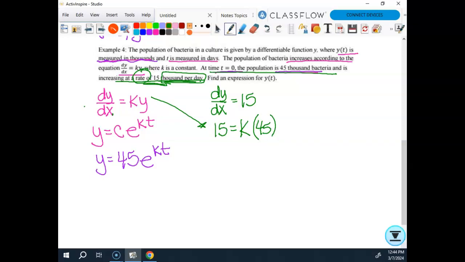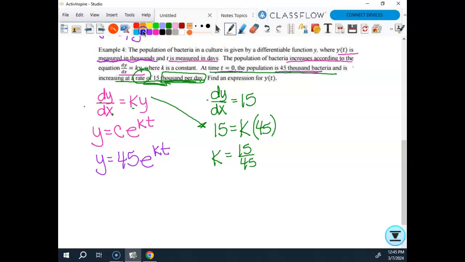So when t equals 0 and this is the population, the rate at that moment is 15,000. I took dy dx equals 15, substituted it in, that's equal to k times y, and when this is the rate, my y value is 45. That means k is equal to 15 over 45, which is 1/3, but we could leave it like that. Just leave it so we don't do anything stupid.